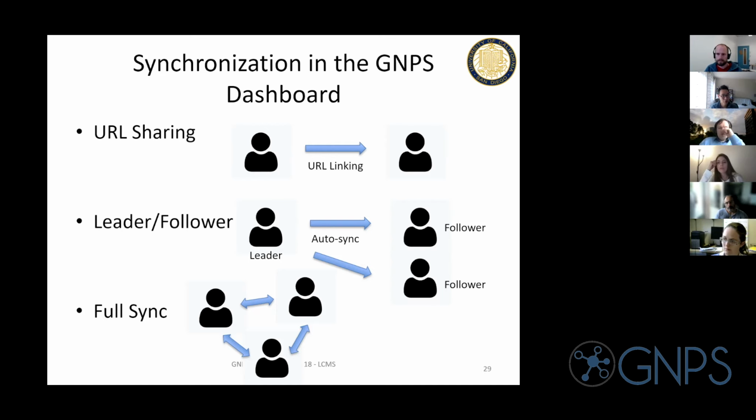But cool. So now, one of the key things for the GNPS dashboard is that we try to make things a little easier for public data and nicely integrated with public data sets. But one of the key things that we think is unique about the GNPS dashboard, that really can only be done if you have this web interface and centralized web infrastructure, is the ability to share results with others.